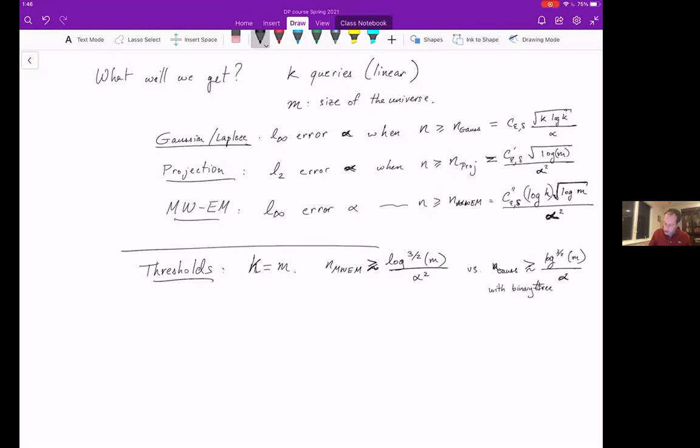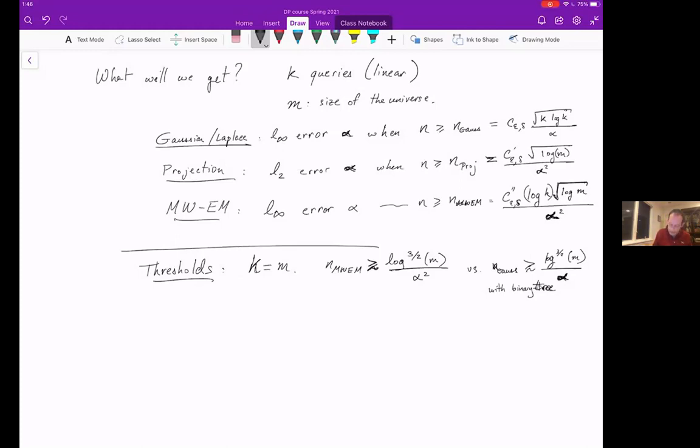If we combine the binary tree idea with Gaussian noise, we get some guarantee that's roughly along these lines. And so the dependency on the range of the data will be similar. The exponent actually depends on exactly what you're measuring, but the dependency on alpha, on the target accuracy, is now much better. So for these queries, it hasn't really bought us much.